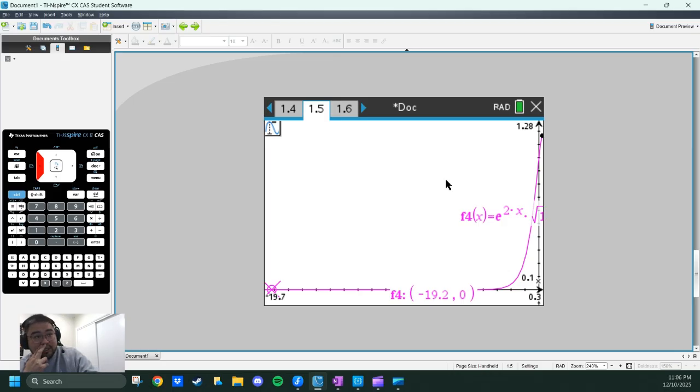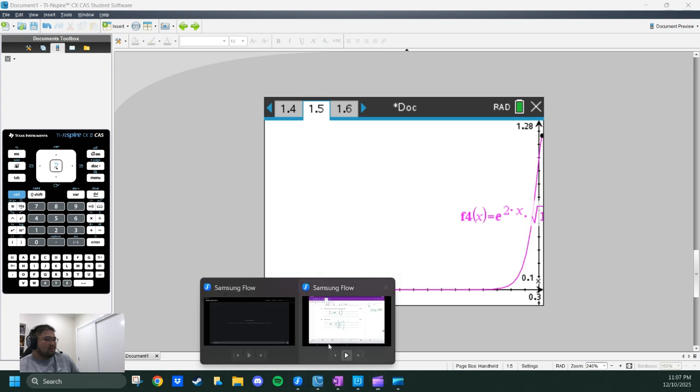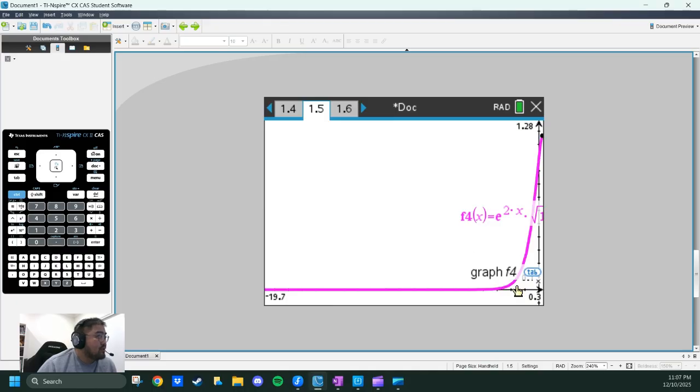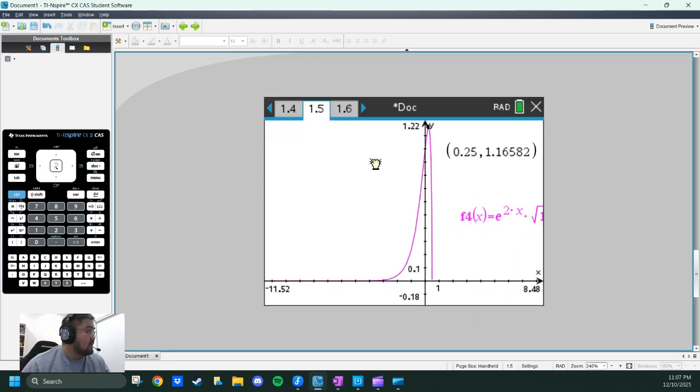It's a bit difficult to determine if we should include 0 or if it's not including 0. I'm actually going to suggest, contrary to what the solutions might say, that we don't have 0 as a possible value. I'm just going to check the other side. I'm going to check this other side, see if it reaches 0.